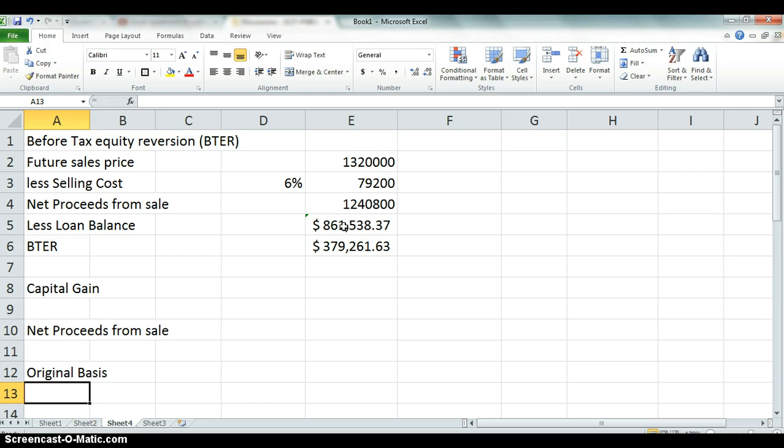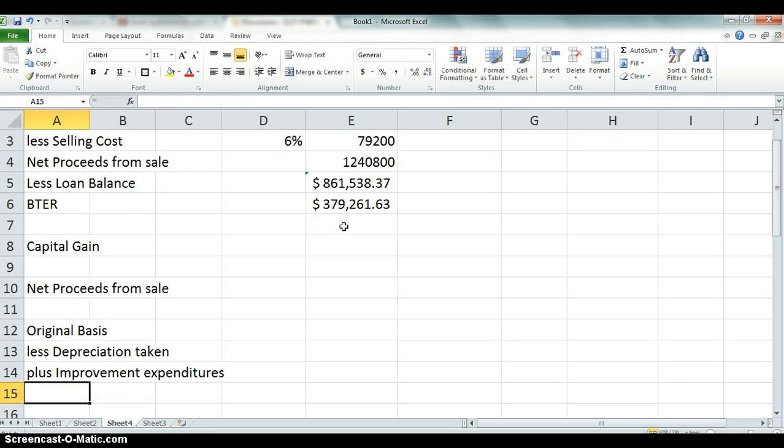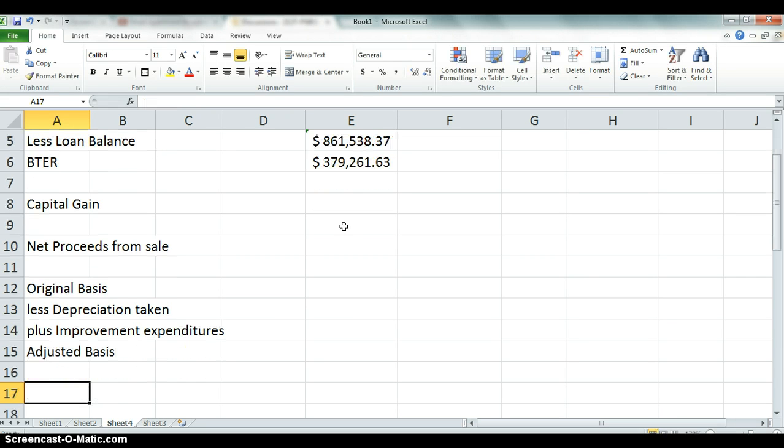We will need less depreciation taken, which we have also calculated already, plus improvement expenditures, and then finally we will have the adjusted basis, which will be helpful to calculate the capital gain.